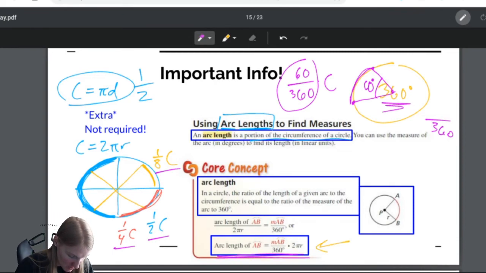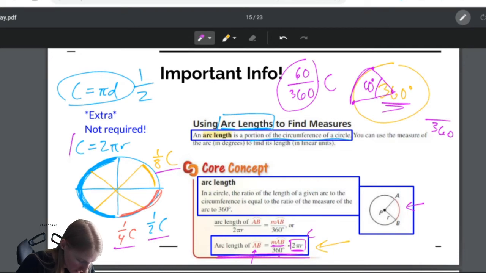The length of AB, looking at this diagram right here. The measure and the length are different. The measure of an arc is the same as this angle, but the length of an arc is the measure of the arc over 360 times 2 pi r. And you can see that 2 pi r is just the circumference.